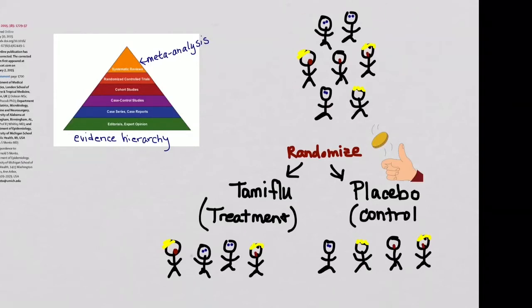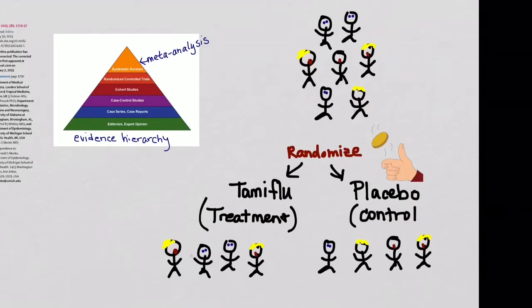These patients come in to the clinic or the hospital, and they have symptoms of the flu, right? And there's a lot of differences among the patients. Then they get randomized into two groups, either the treatment group or the control group. The treatment group gets Tamiflu, and the control group gets a placebo. So that's what a randomized controlled trial looks like, and the key here is randomization.